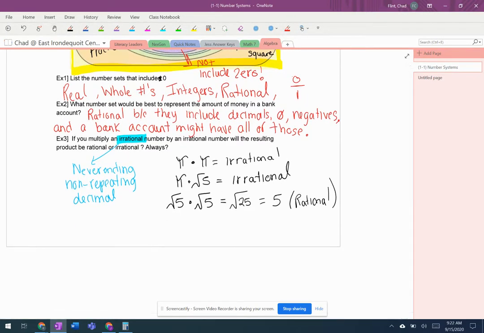So when you multiply an irrational number times an irrational number, the product will not always be irrational or rational. It's going to depend on the numbers that you use. So let's go to that.